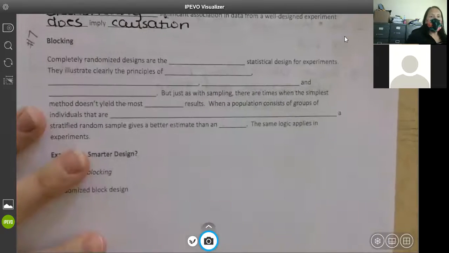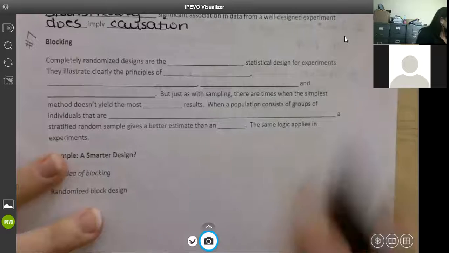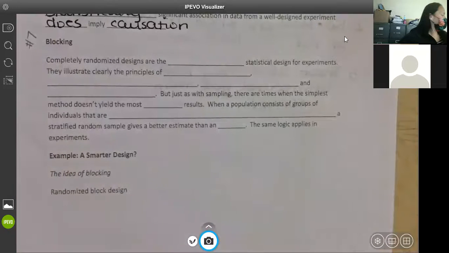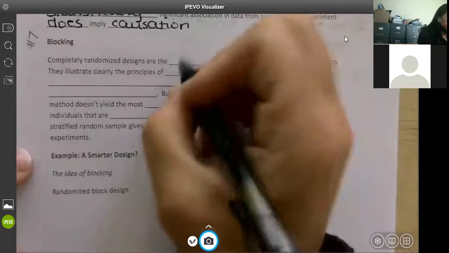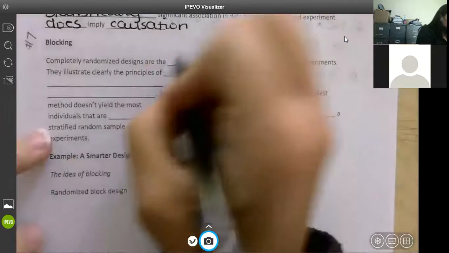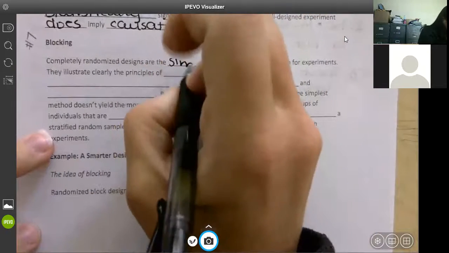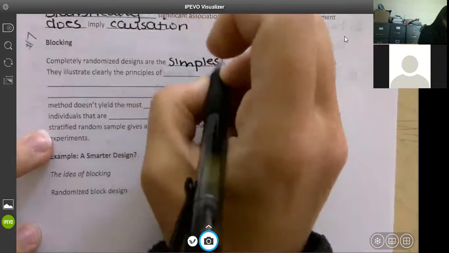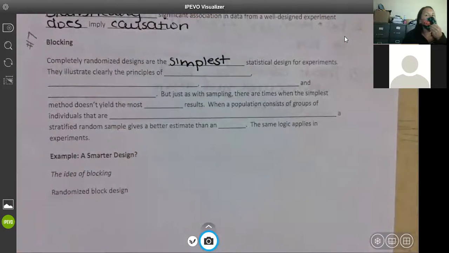We're going to start with blocking completely randomized designs. They're the simplest statistical design. Completely randomized designs are the simplest statistical design for experiments.